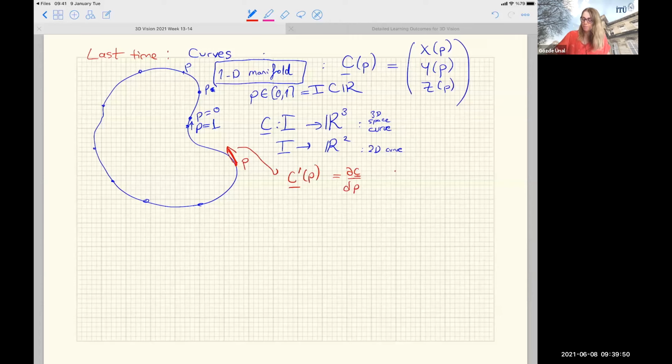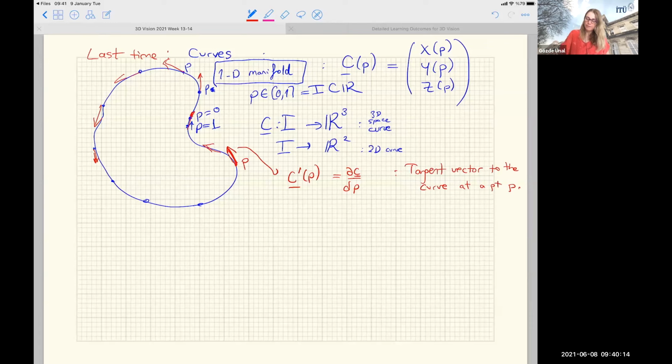This is the tangent vector to the curve at a point. Of course, it changes at each point on the curve. Remember, this is an important geometric entity for us.